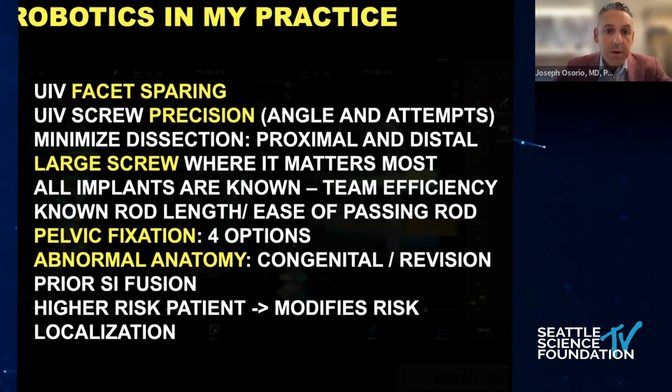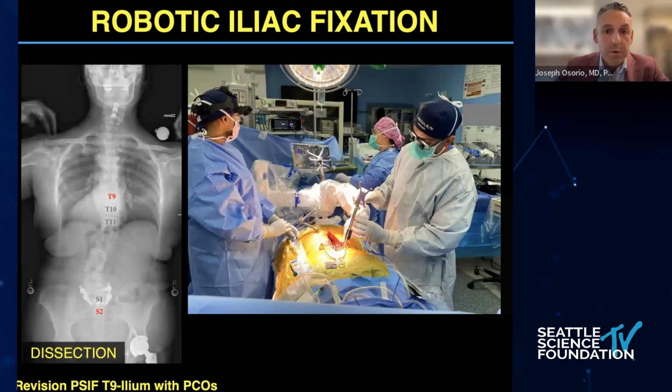And so I want to make sure I spare the facets. I may want to make an incision that's smaller and do a transfascial screw. I could do that with robotics. I can use a larger screw if that's needed because I'm putting a lot of stress in an area if I'm doing an en bloc resection. I'm going to spend some points on pelvic fixation because it's something that's important in deformity, and I'll show you the four options that I use. And obviously, abnormal anatomy is something that's super useful.